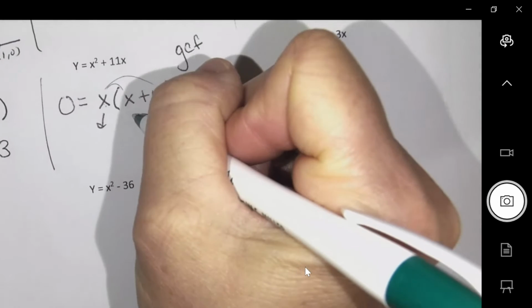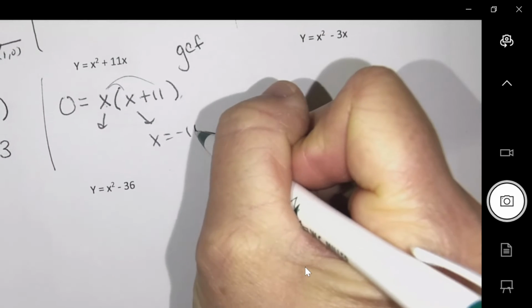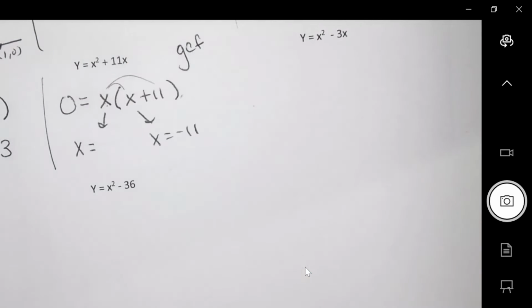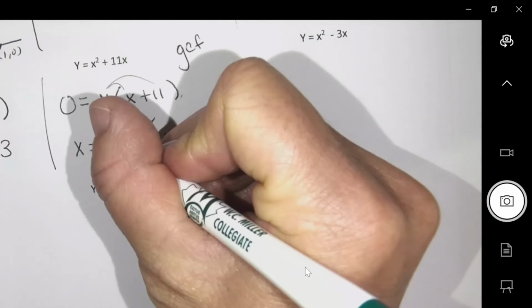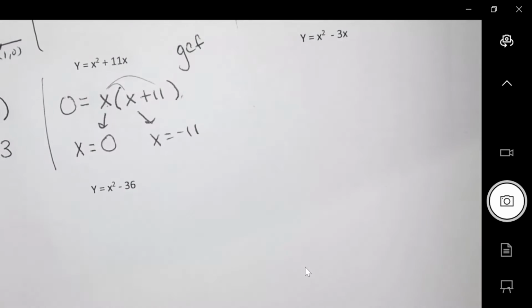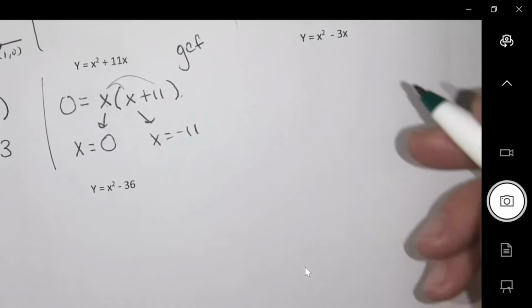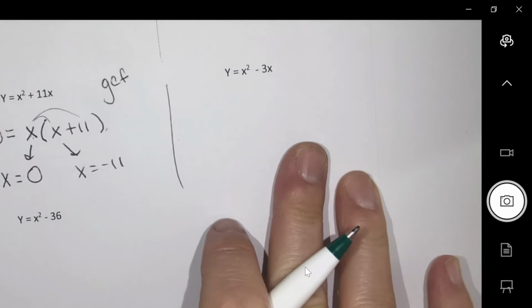Okay, this one is -11. But what is the first value for x? So again, I'm trying to think what would make that part be 0. If x was 0, that multiplier would be 0. Okay, can you try the next one on your own?